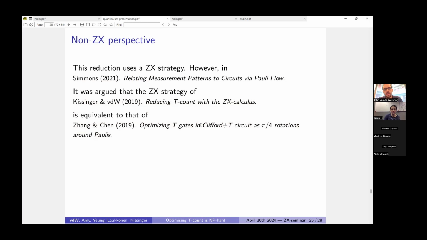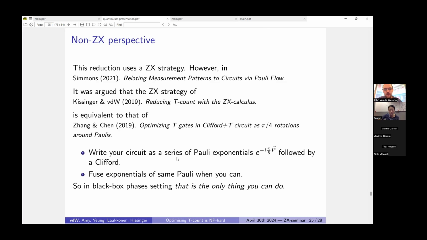What they do here is they take a Clifford-plus-phase circuit, and then they write the circuit as a series of Pauli exponentials, followed by a Clifford circuit. Then what you can do is try to merge Pauli exponentials when they are the same Pauli exponential. And so the only optimizations come from merging Pauli exponentials.